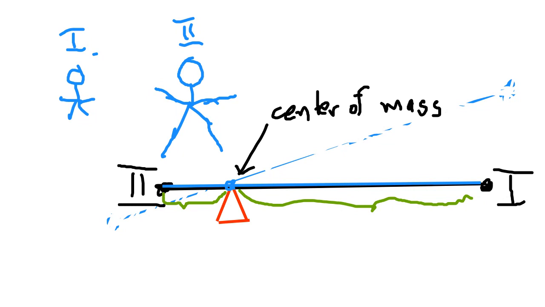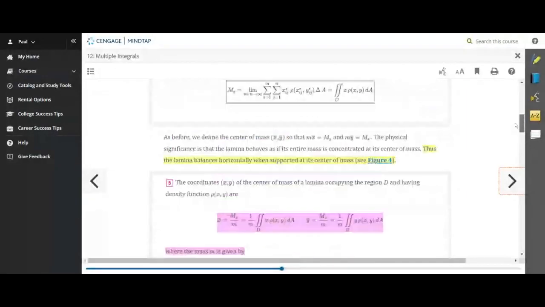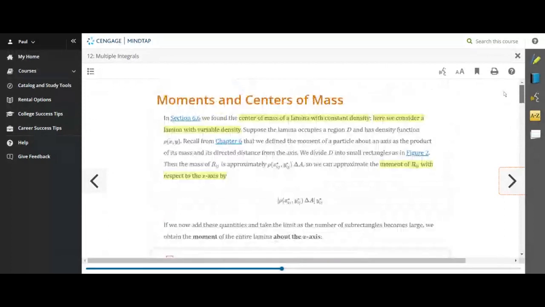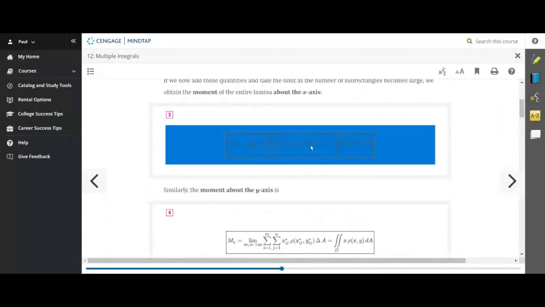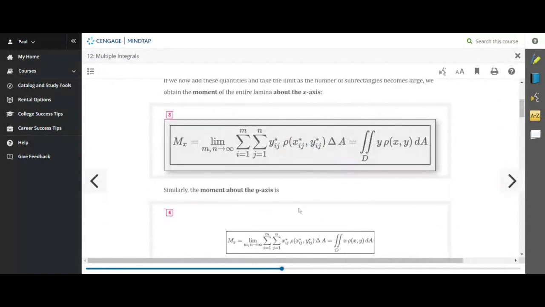I always think about that when I think about the lamina, because yes, we know how to find the total mass, but we also need to worry about what are called moments about axes.